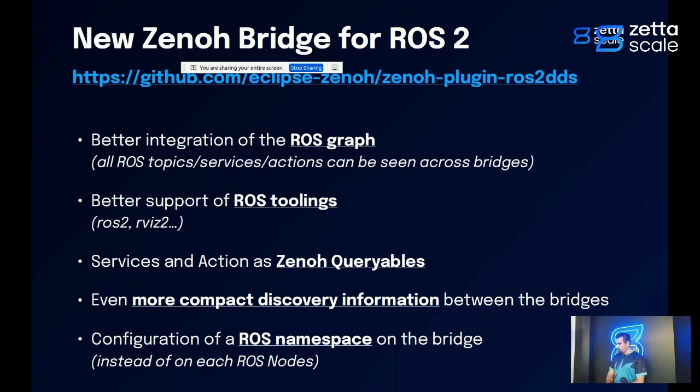And most of all, an interesting feature is configuration of the ROS namespace directly on the bridge, meaning that you can keep your robot working locally without any namespace inside, and the bridge, on the fly, exposing all the services, topics, and actions outside to Zenoh, will prepend the ROS namespace you configured directly on the bridge. There is no longer any need to configure each node in your robot.